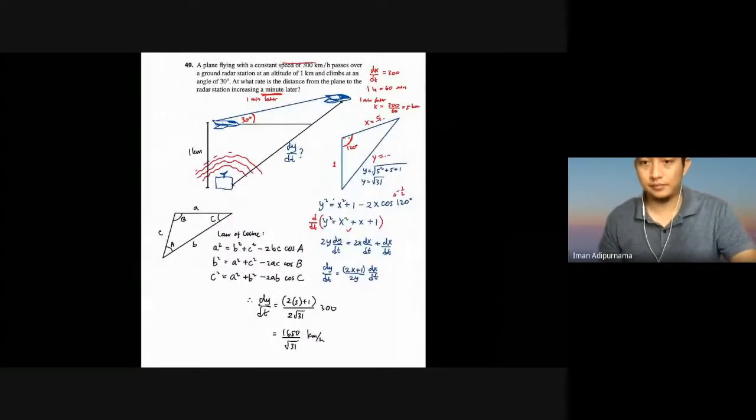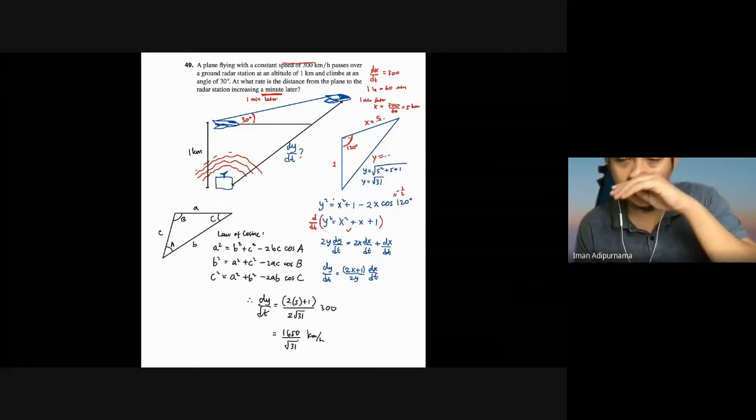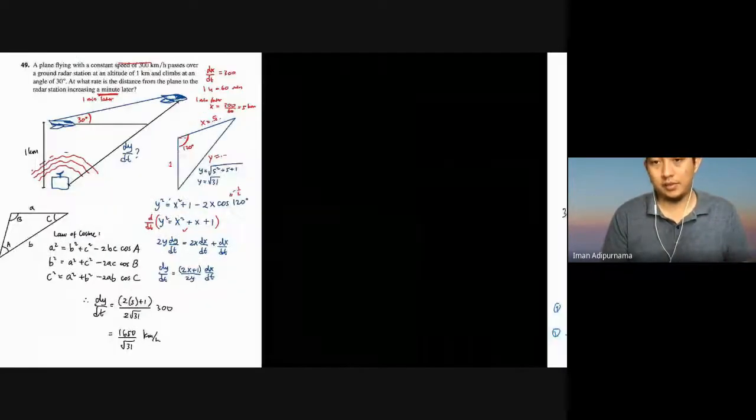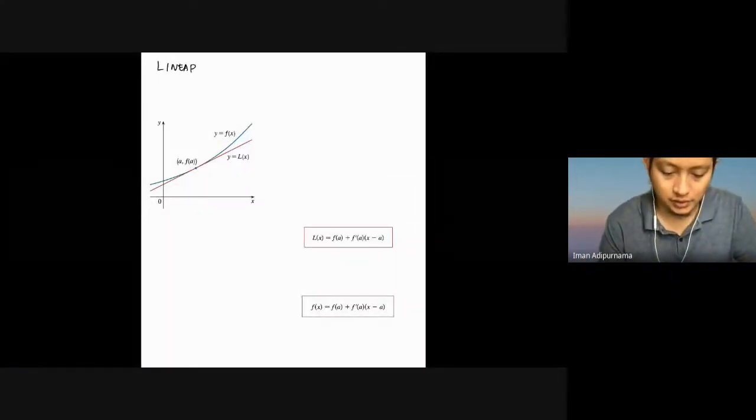Okay. Let's continue. Any other questions? Okay. If not, then let's move on from this section to a new section called the linear approximation.